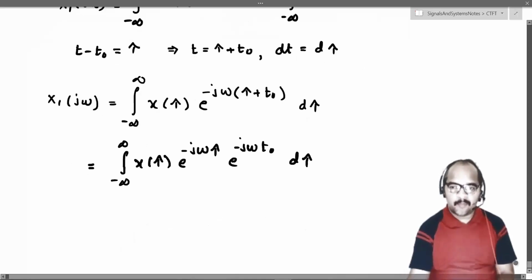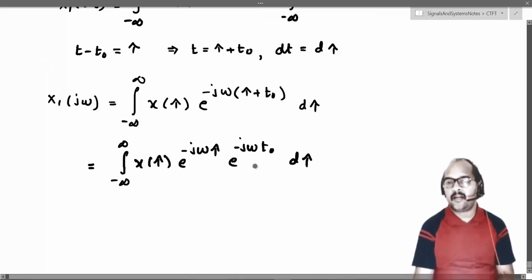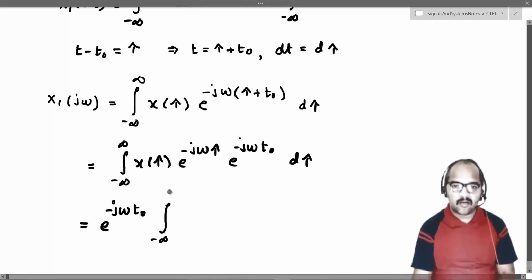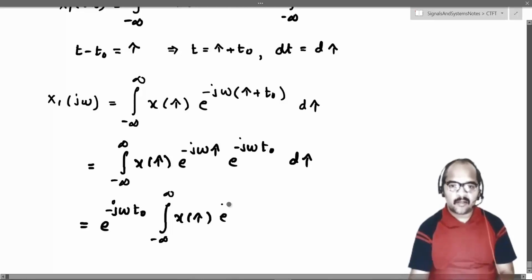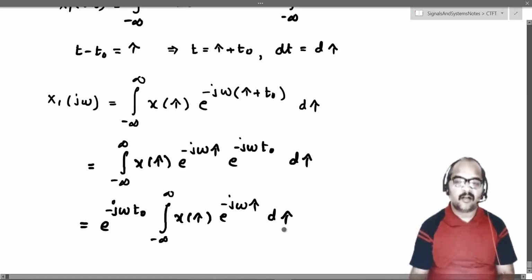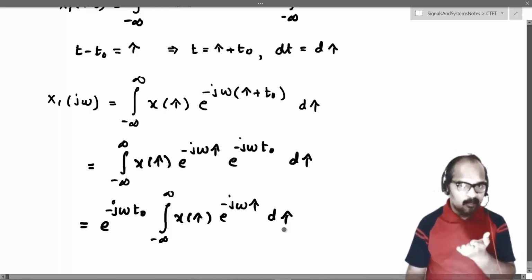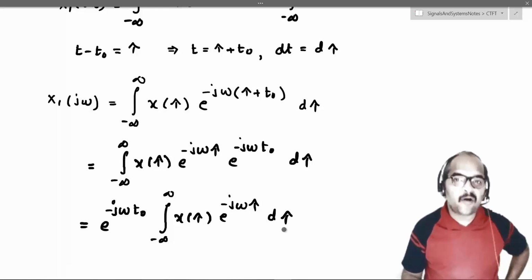But the integration is with respect to tau, and hence e power minus j omega t naught can be treated as a constant, and we can bring that out. You will get e power minus j omega t naught times the integral from minus infinity to infinity of x of tau e power minus j omega tau d tau. But what is that integral? It looks like the Fourier transform of x of t.